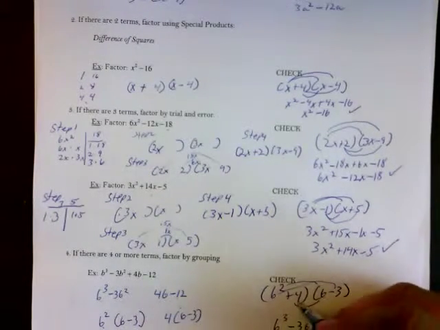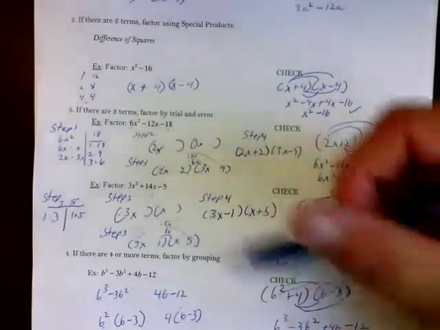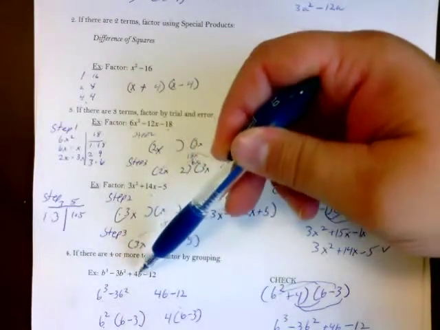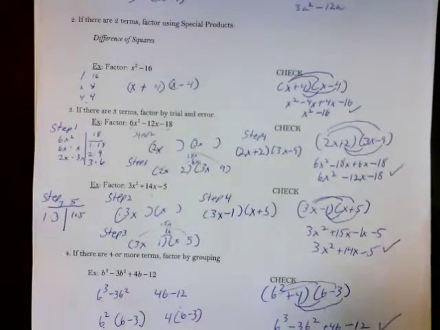Negative 12, 4 times negative 3. Okay, and we have no like terms to combine, so let's look right over. B to the third, negative 3b squared, 4b minus 12. Check.